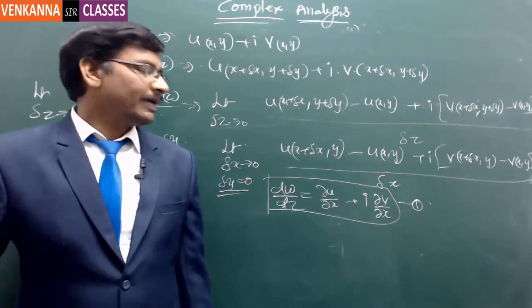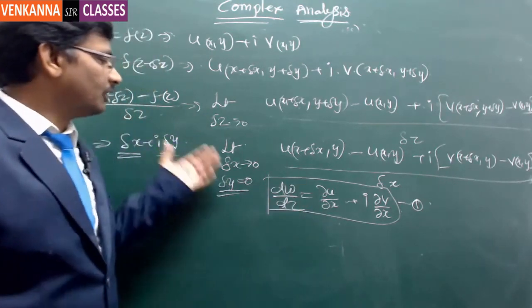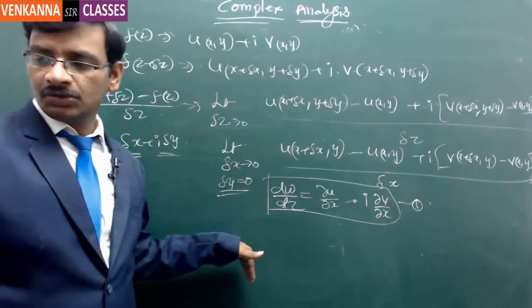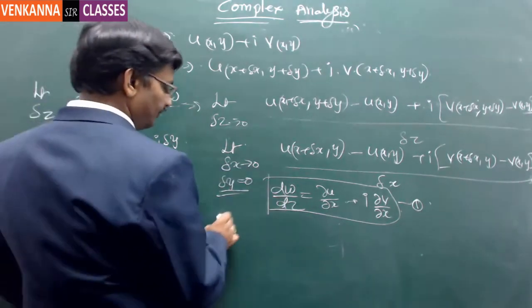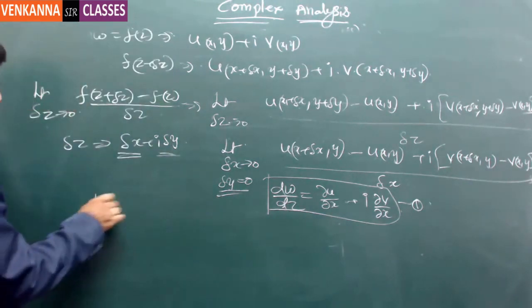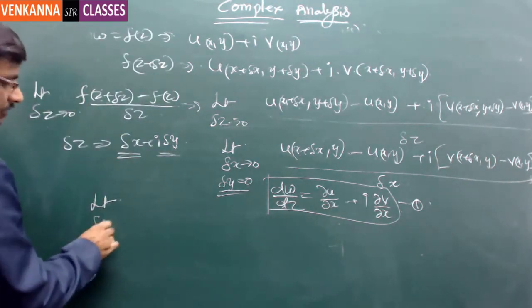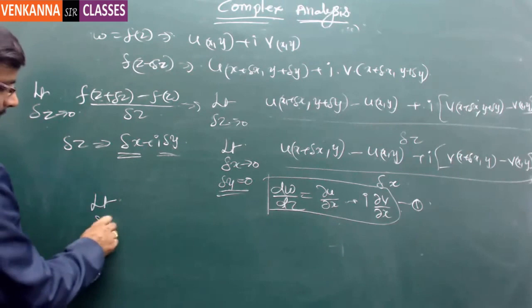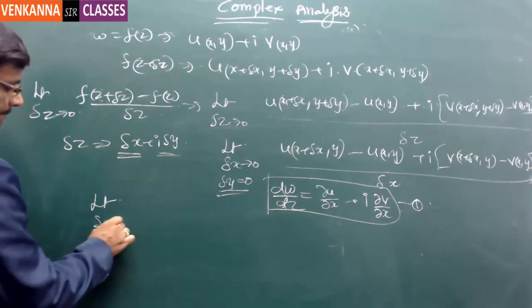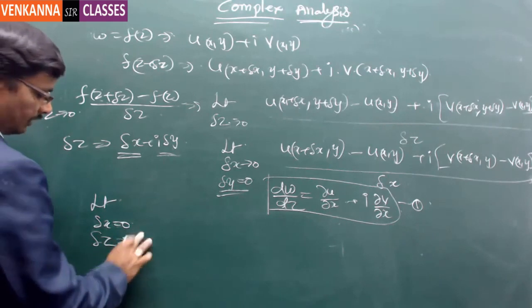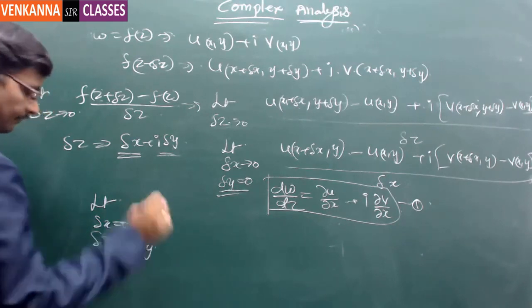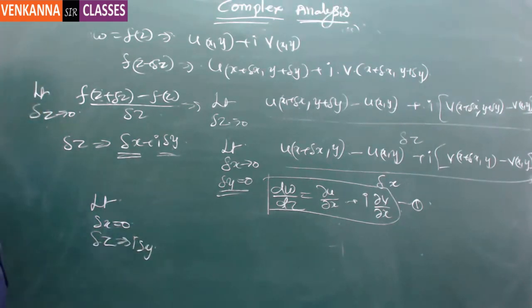Okay, great. Now exactly in the similar manner, what we do is, we take delta x 0 and delta y tending to 0. So limit delta x 0 and delta z tending to I delta y automatically. Right, I delta y. Then delta y you can tend into 0.